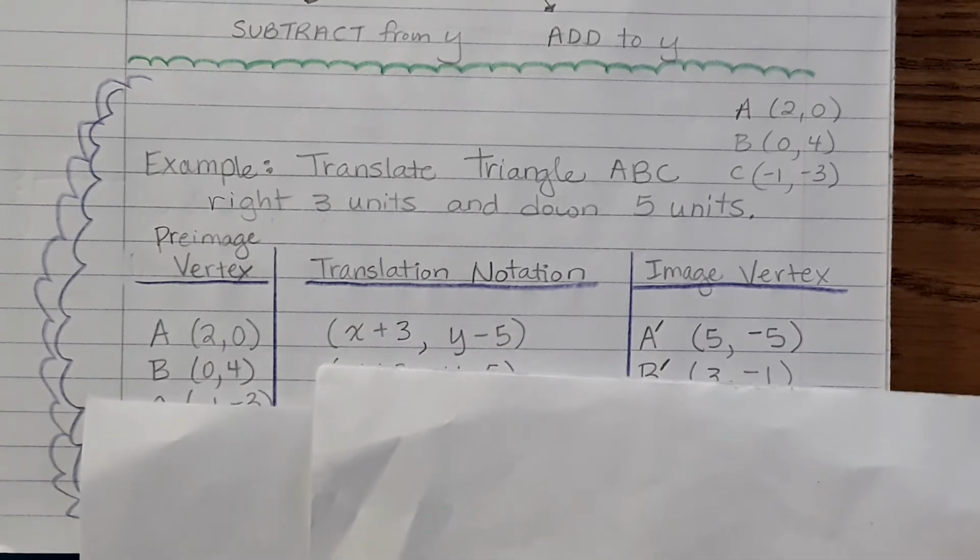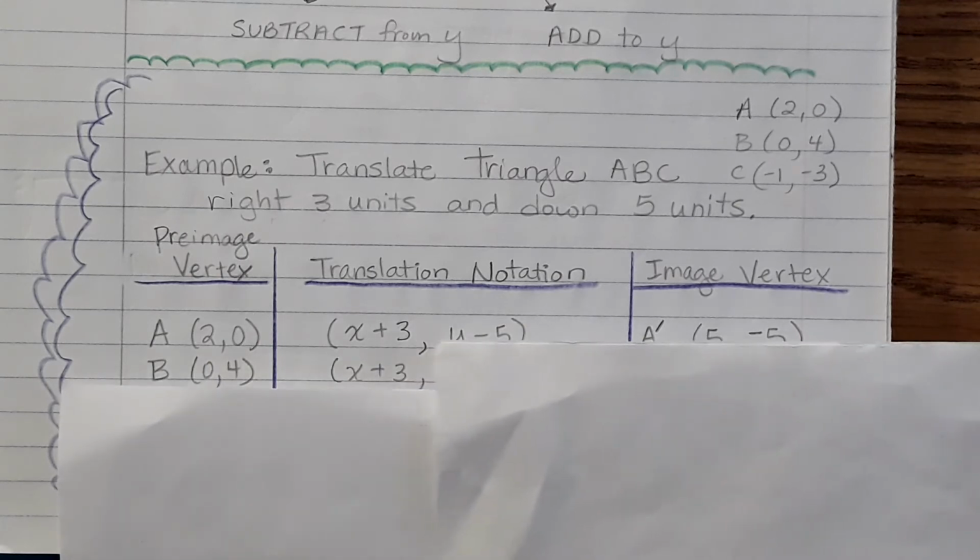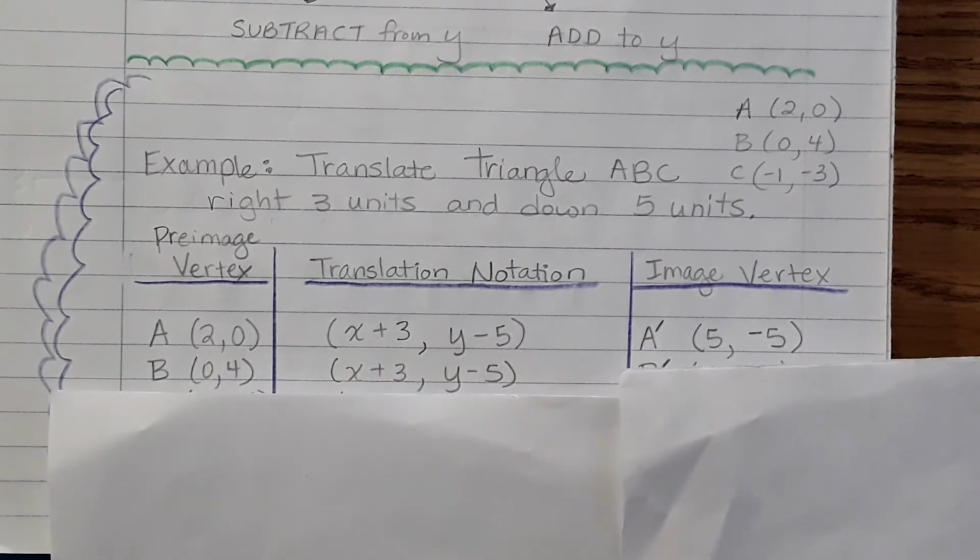Let's continue on. We were already given the pre-image vertex B. And if the whole triangle is being translated or slid over 3 to the right and 5 down, the translation notation is not going to change. The whole entire triangle is moving like that.